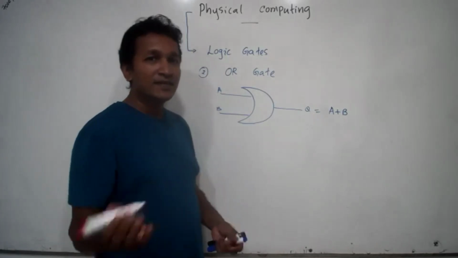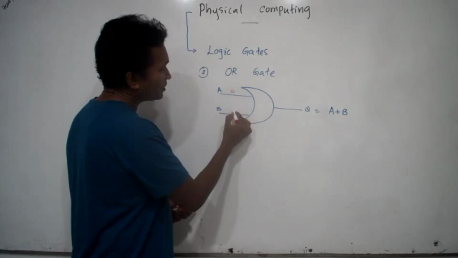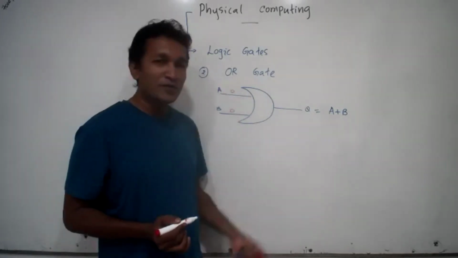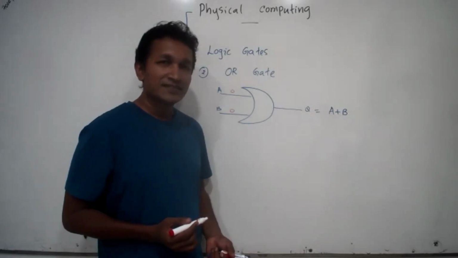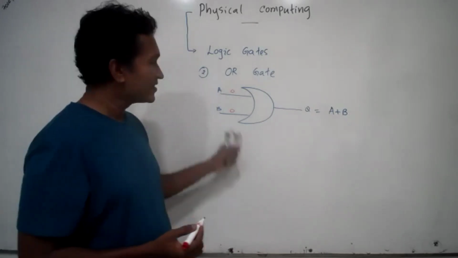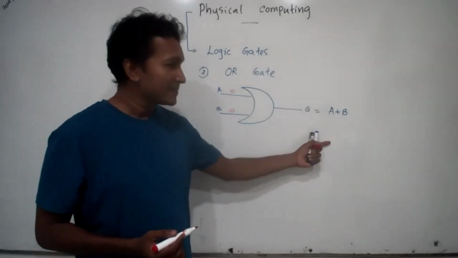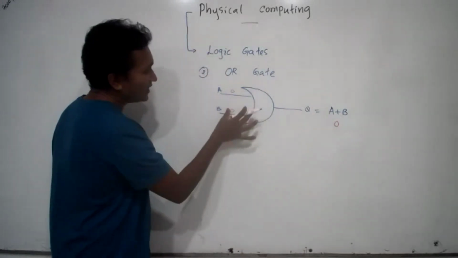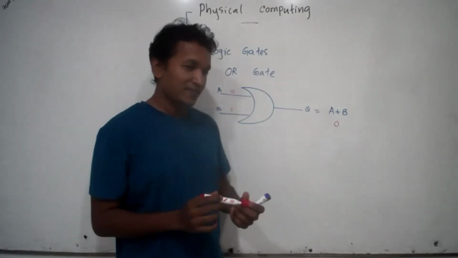Like the previous case, there can be possibilities. If both are zero, what will be the output? Zero. If this is zero and this is one, what will be the output? One.